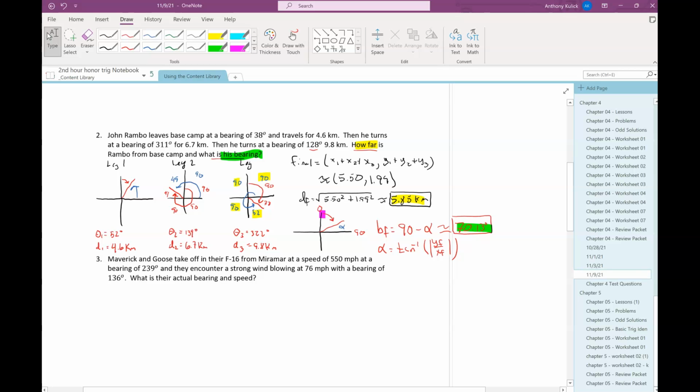Alyssa, for that first leg, did you only do it like to 90? You didn't add the other three quadrants? Well, the first leg was a 38-degree bearing. So like, this is 38, and this is 52. So you wouldn't add the other three like you did for the two legs?